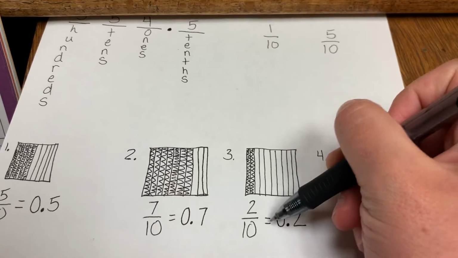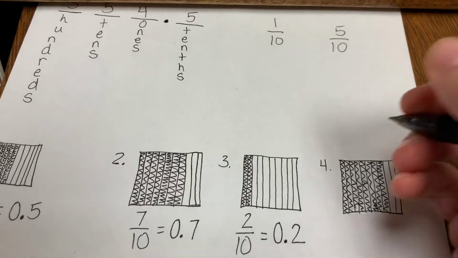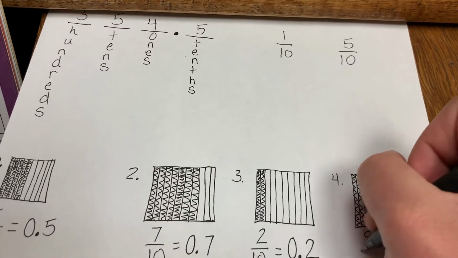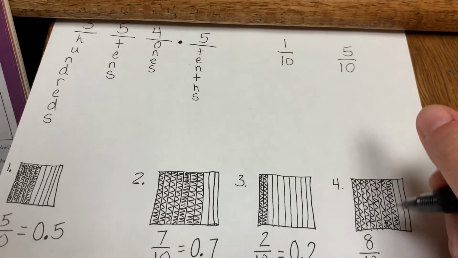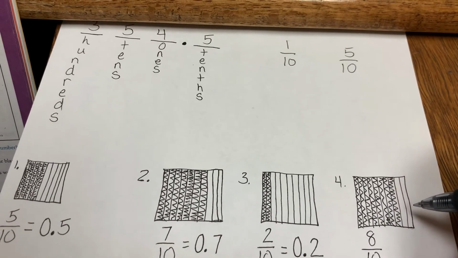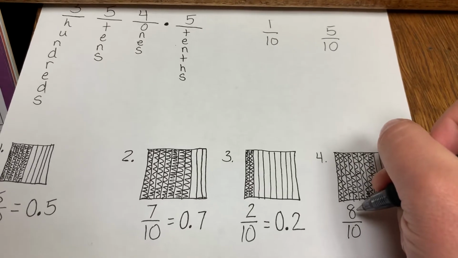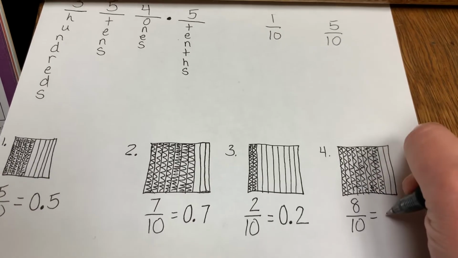So 2/10 equals 0.2. Number 4, the fraction is 8/10. I already shaded in 8 out of the 10 total, so you can go ahead and do that as well. And 8/10 is equal to 0.8.